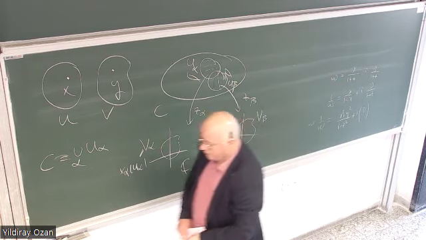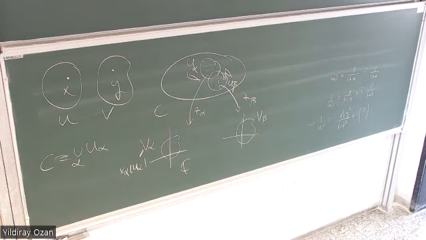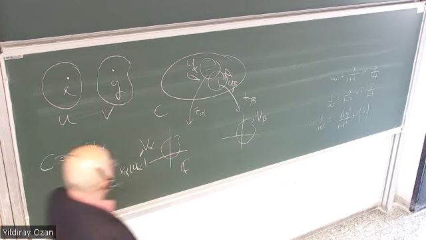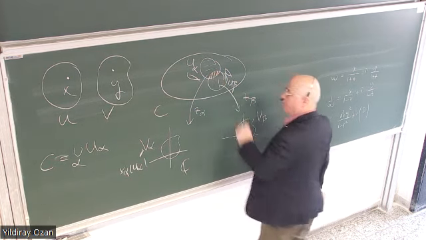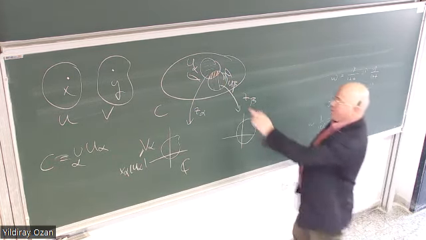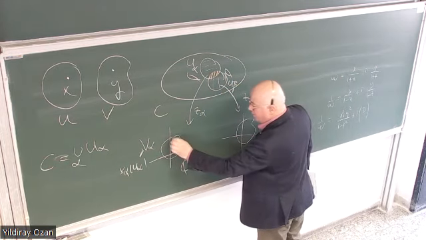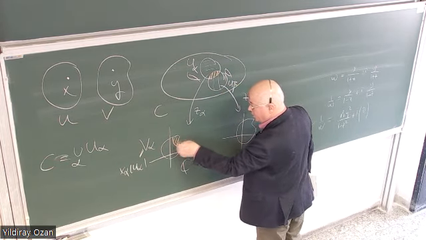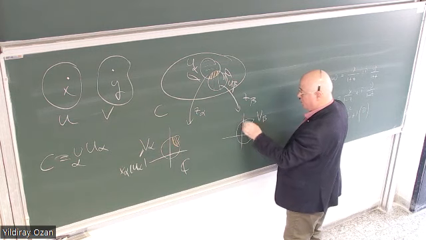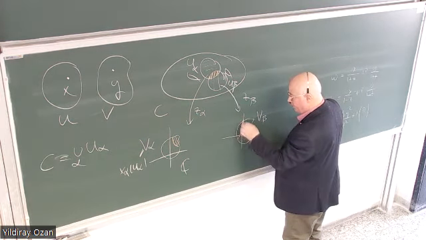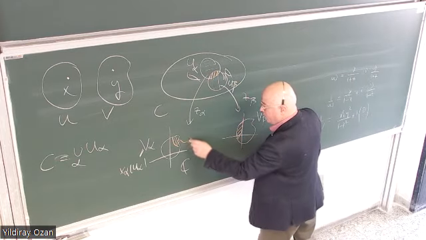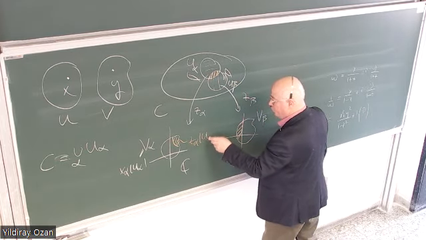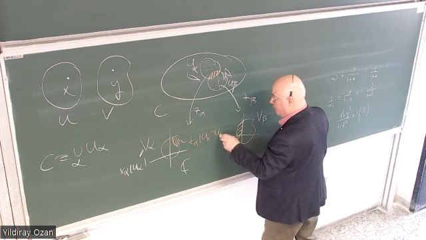And what happens is the following. You see, you have this intersection region here, right? Its image under Z alpha is something like this. Its image under Z beta is something like this. Okay, so this is Z alpha, U alpha intersection U beta.